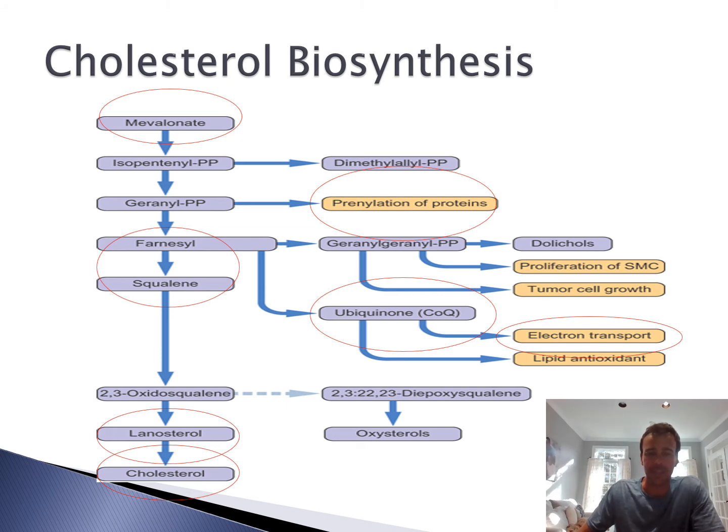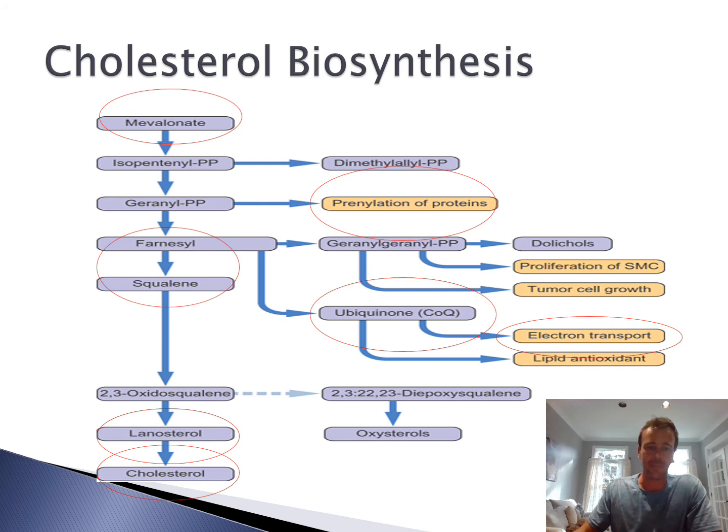Some of these middle steps can lead to other things in our bodies, things like prenylation of proteins, and ubiquinone, which is important in oxidative phosphorylation, as we talked about, the electron transport chain. So this pathway is important for not only cholesterol but other molecules in our body as well.